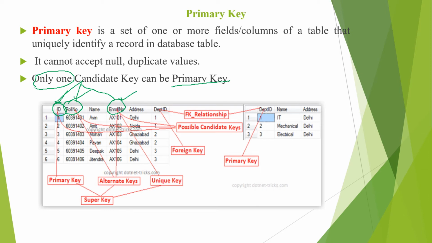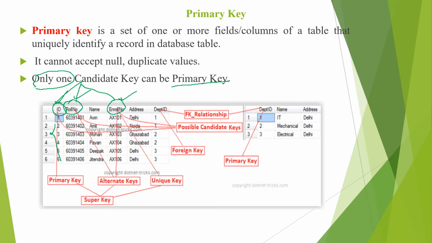Therefore the primary key uniquely identifies a record in a database table, and the value should not be null for that particular field or column. In this example, ID has all the values, all 6 tuples are entered here.